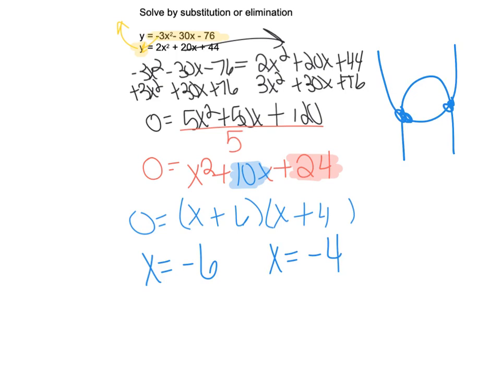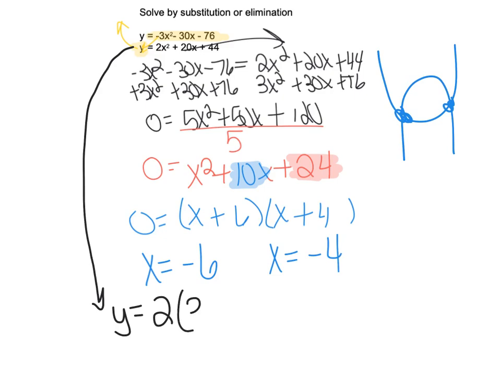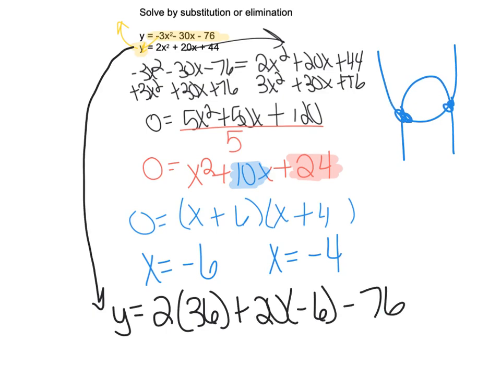So I'm going to go back. I'm going to use my bottom equation, my 2x squared plus 20x plus 44, just because everything's positive. And I'm going to say y equals 2 times -6 squared, which is 36, plus 20 times -6 plus 44.